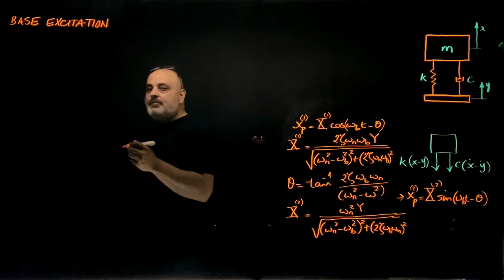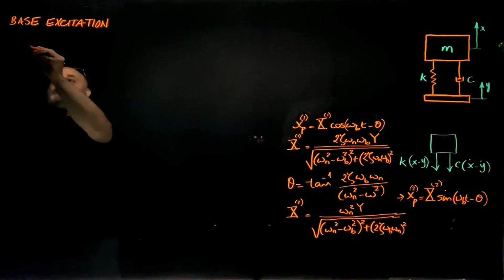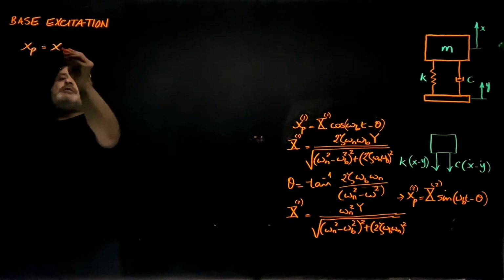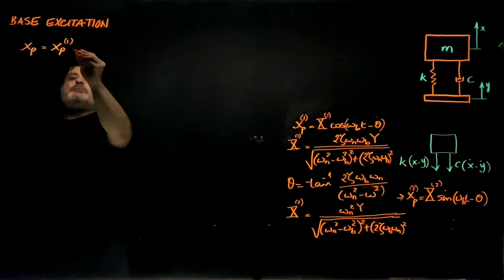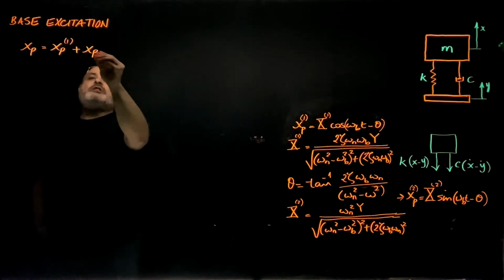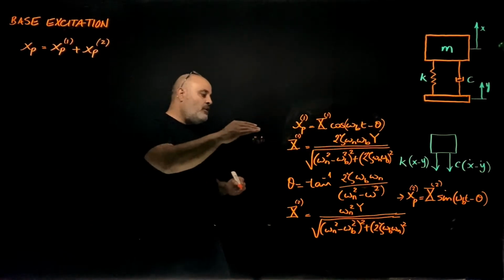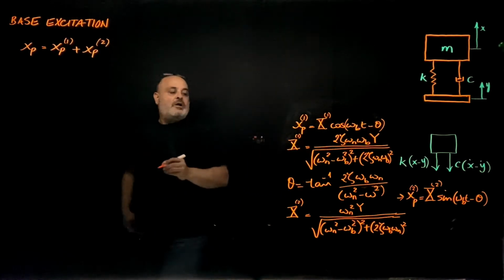Now, as we mentioned, the total x particular is the sum of xp1 plus xp2, and here's xp1, here's xp2.